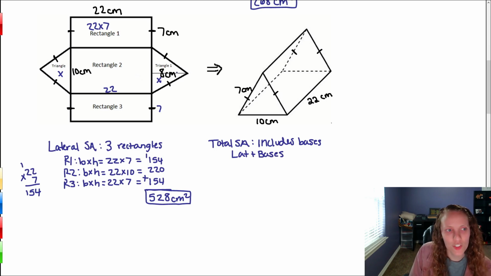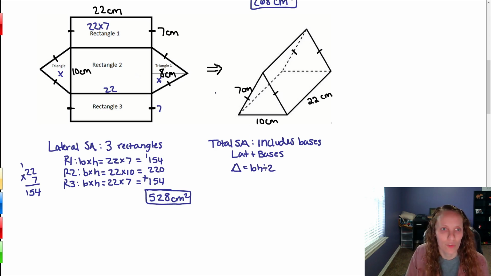Alright, our bases are triangles. It's where I put the X earlier in the picture. Our triangles, we need to know the base and the height, multiply those together. And then for triangles, we have to divide that answer by 2 to find the area of one of them.